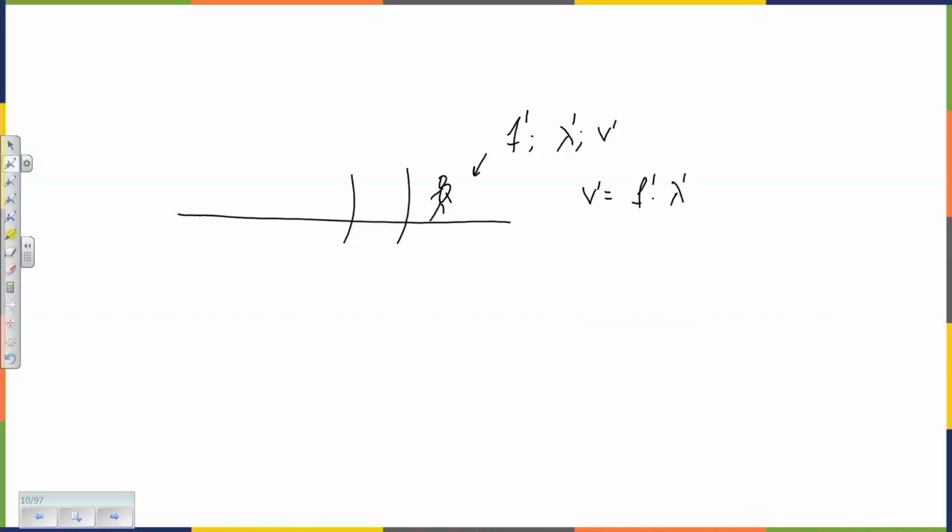Now, of course, because the observer is at rest, speed relative to the ground and speed relative to the observer is the same speed. So this is just that old V.